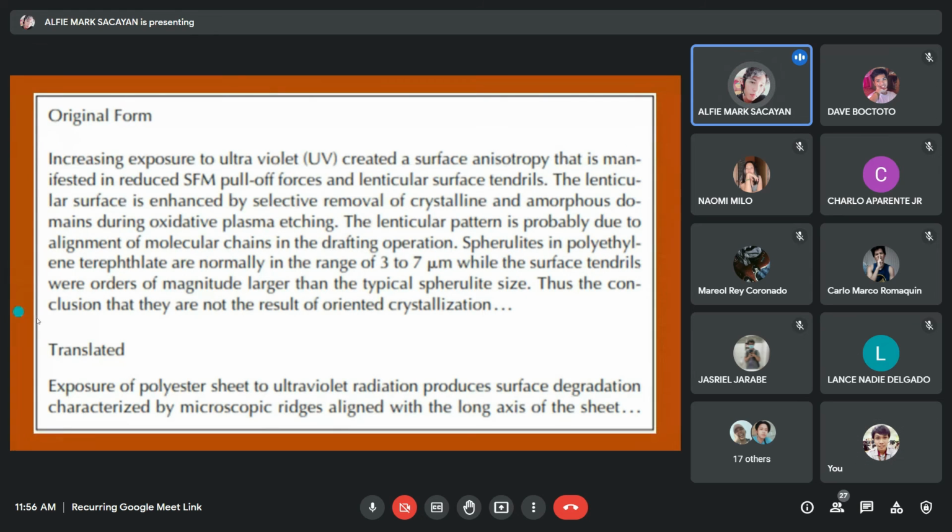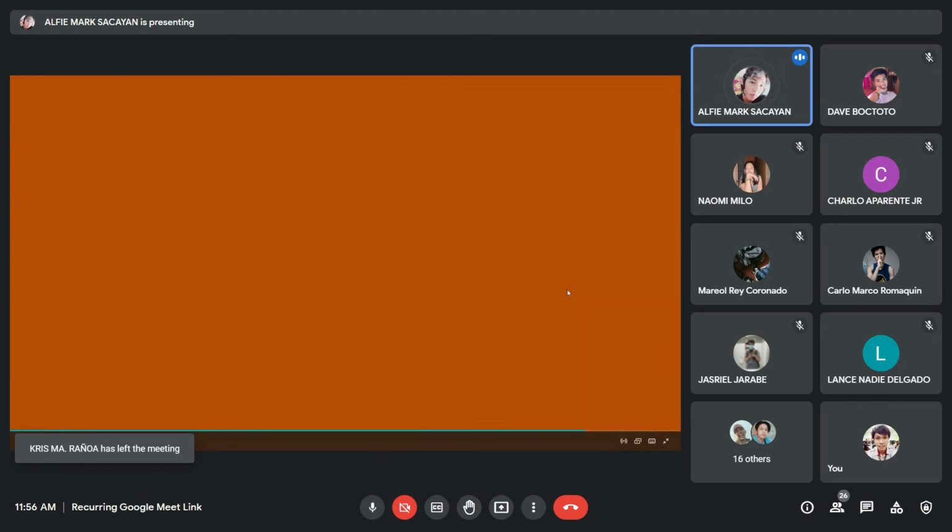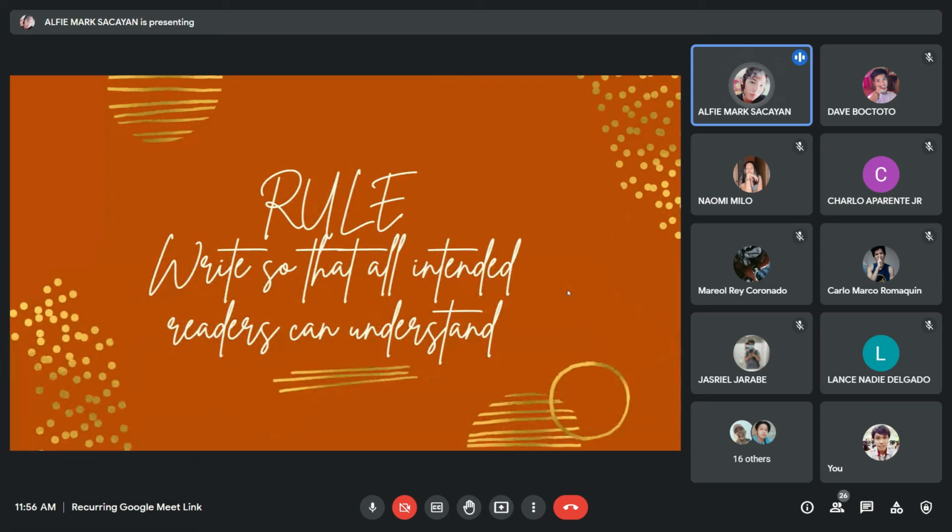So, kung mahimo nga pamubuon ang explanation, i-translate into more pure definition para mahatag ang imong intention nga mas klaro nga makasabot gyud ang mga readers. So, mao siya ang rule: write so that all intended readers can understand.